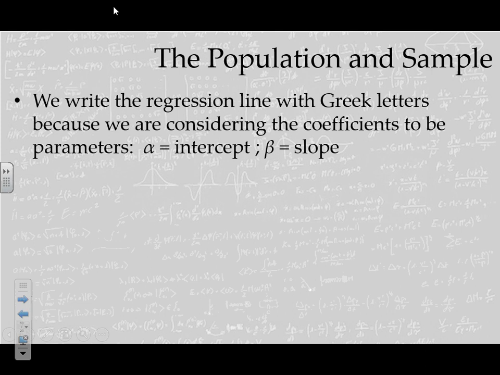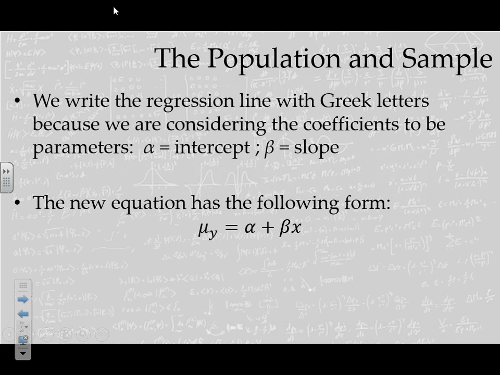The other thing that's going to happen here is instead of y hat, we're talking about the mean of the y values. So at each level of x, our line should be giving us the mean of the y values. Remember, each value of x had its own distribution.